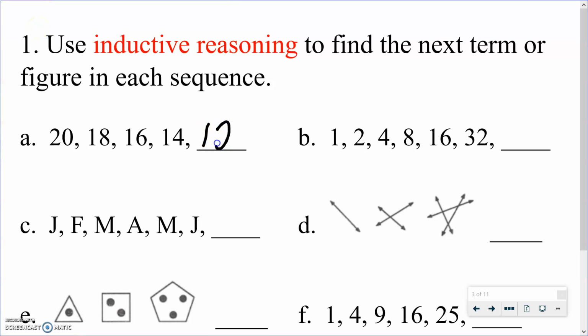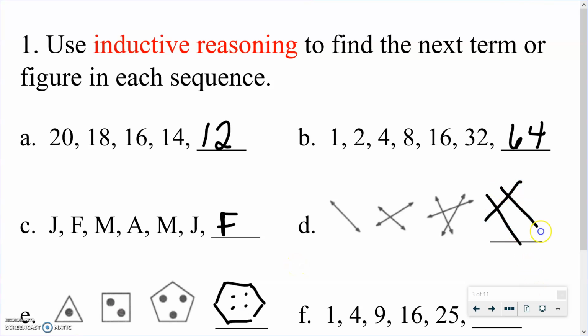Once you're done and you've paused, these are what you should get. Okay, so you're just looking at the patterns and figuring out the next piece. So this is the missing pieces.